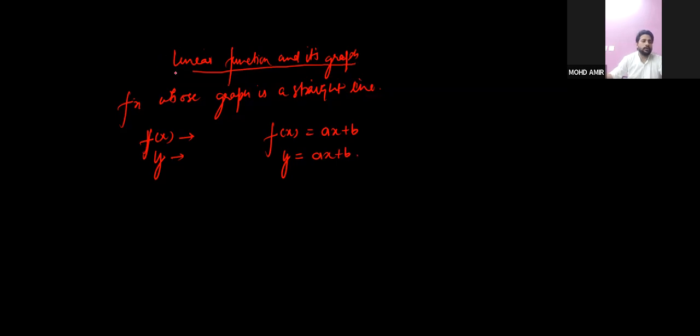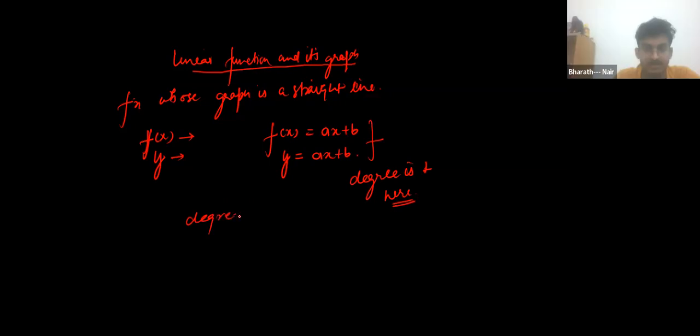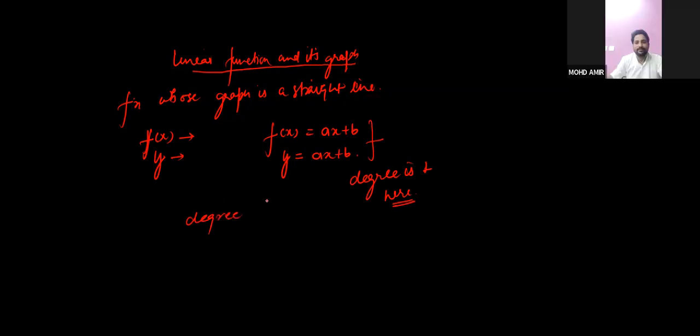It is called linear because its graph is a straight line, and also because the degree is 1 here. What is degree? The power. Yeah, the power. The highest power of the variable in the function is 1.